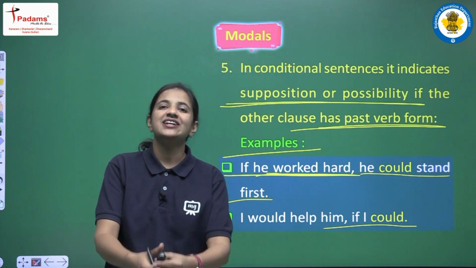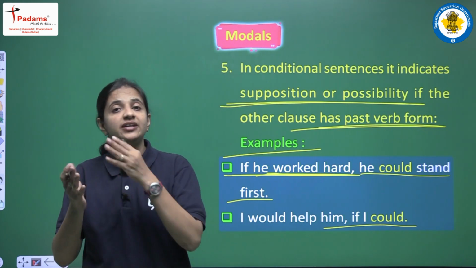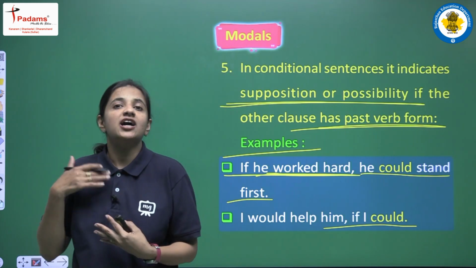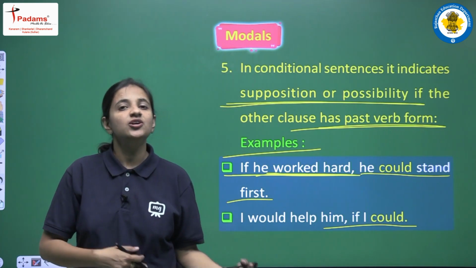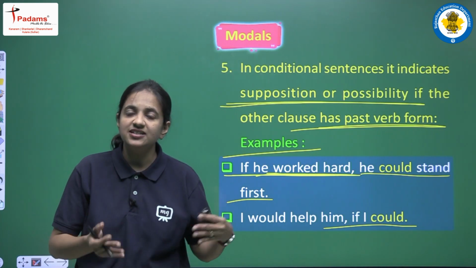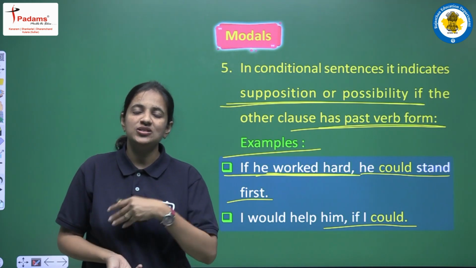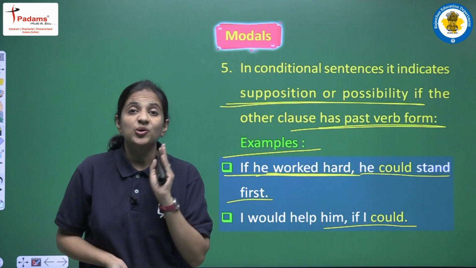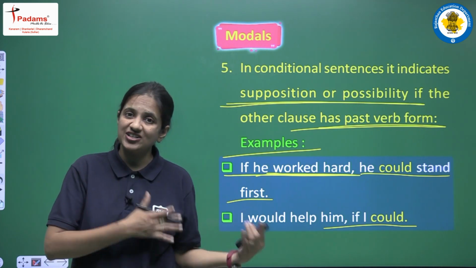The first thing you have to be very careful about is that could is the past form of can, and it is used in the past tenses only. Just like can, it shows ability and capacity, but only in the past tense, and it is also used in conditional sentences.